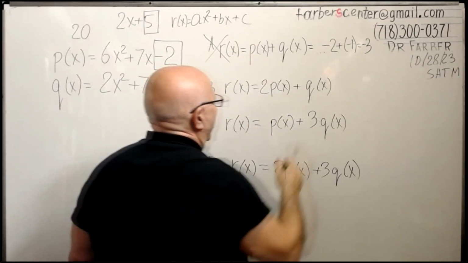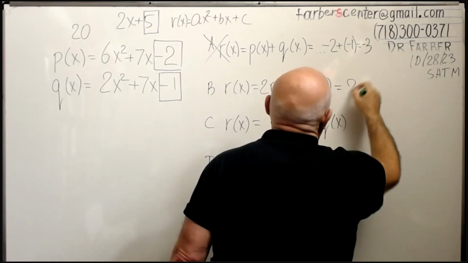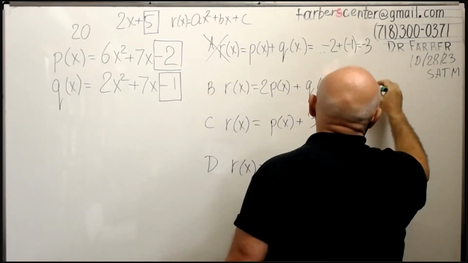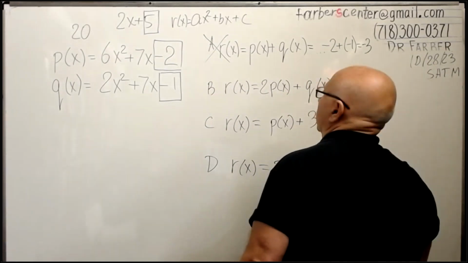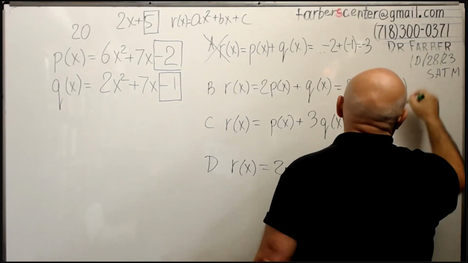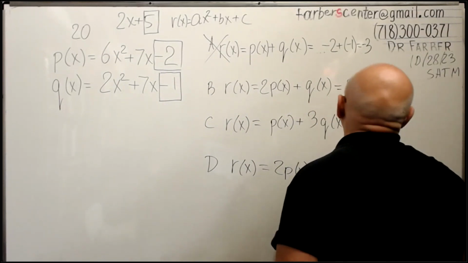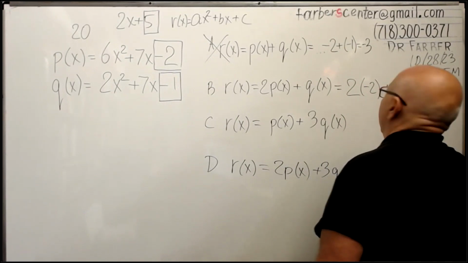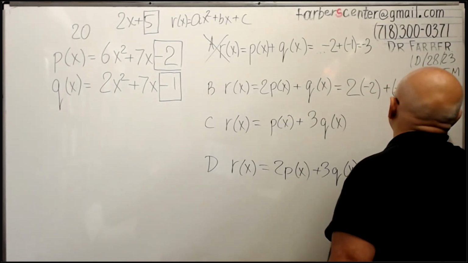Is 2 times -2 plus -1 would be -4 plus -1, -5. Is -5 divisible by 5?